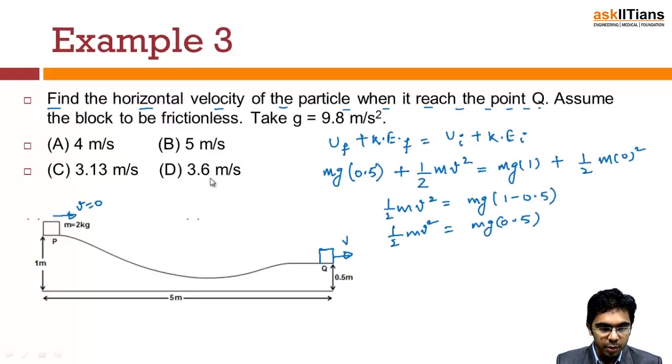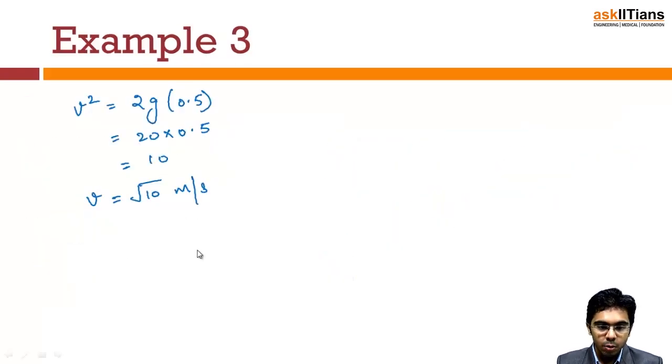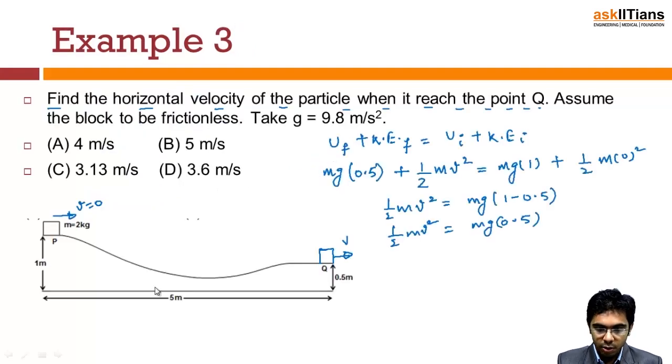Under root 10 comes out to be nearly equal to 3.13 meters per second. If you look at the options, option C should be correct.